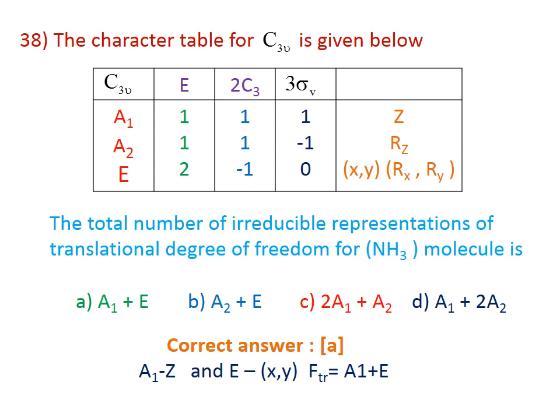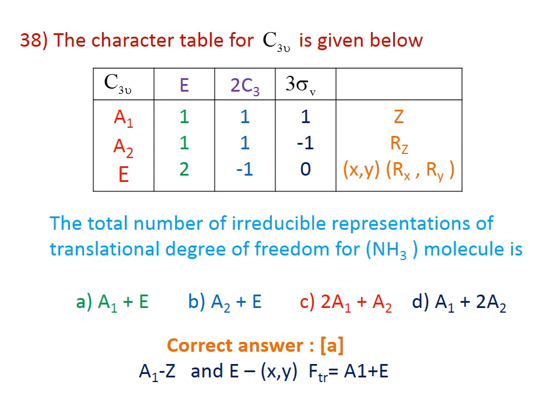Rx, Ry, Rz represent the rotational degrees of freedom. Now let us consider the translational degrees of freedom. The first one is z, it belongs to the A1 irreducible representation. And the second, x, y belongs to the E irreducible representation. Therefore, the irreducible representation of the translational degrees of freedom is A1 plus E.